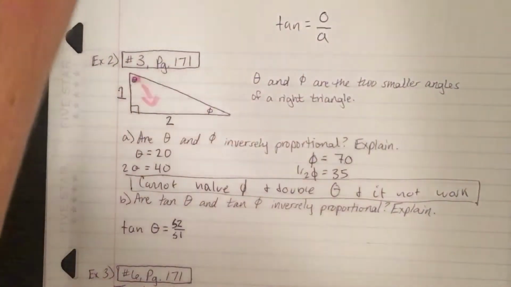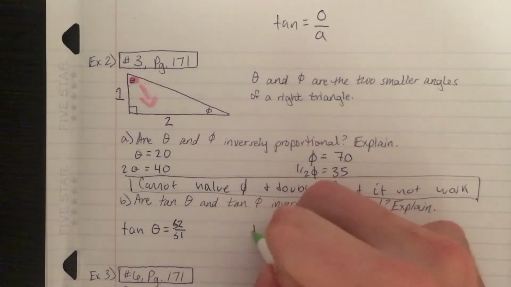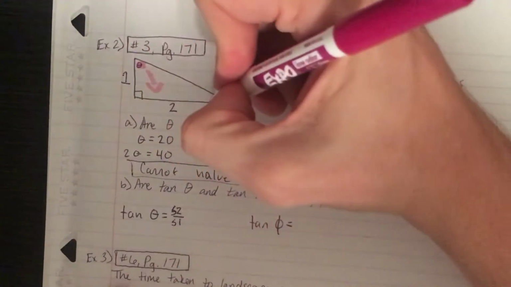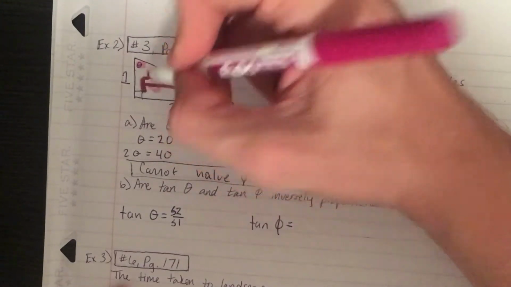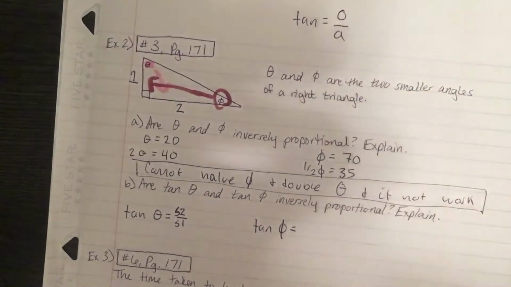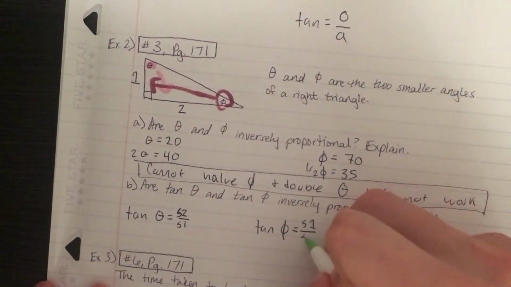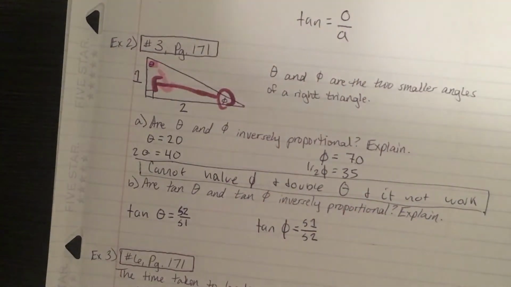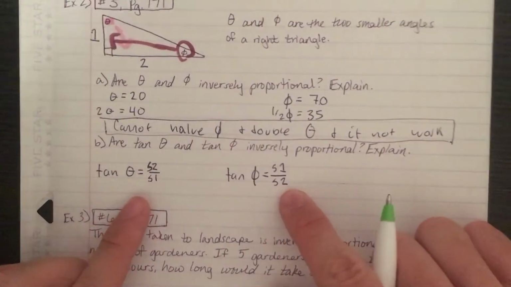So then when we do the tangent of phi here, we're talking about this angle right here. So the opposite here is side 1 over side 2.